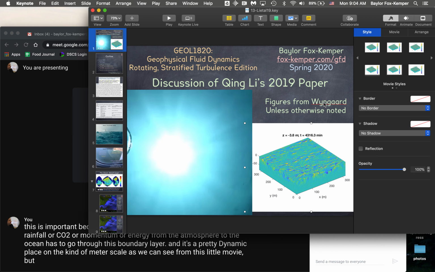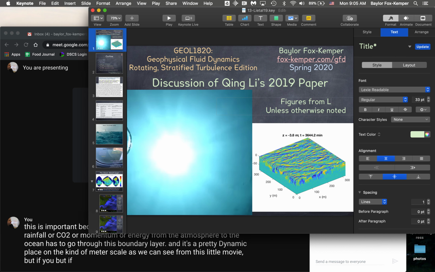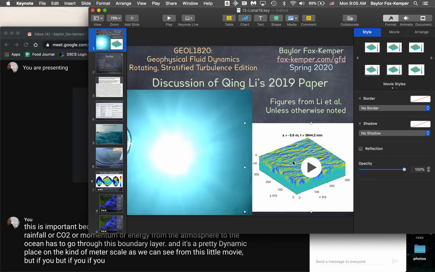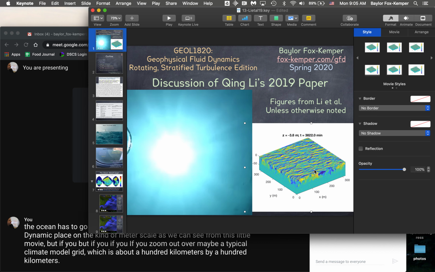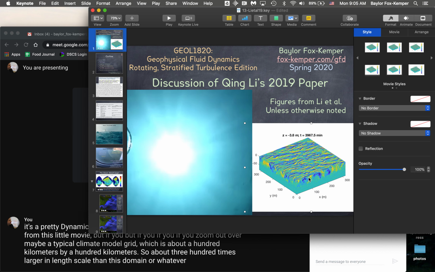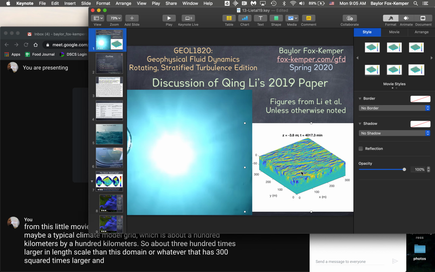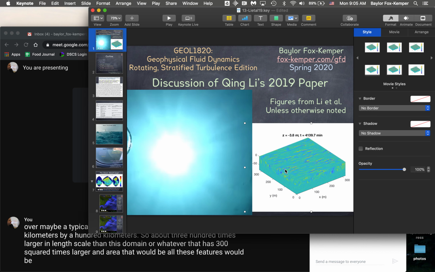But if you zoom out over a typical climate model grid, which is about 100 kilometers by 100 kilometers, so about 300 times larger in length scale than this domain, 300 squared times larger in area, all these features would be enormously tiny, just infinitesimally small.